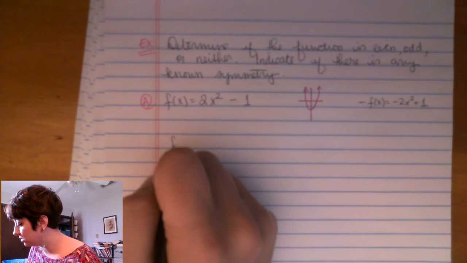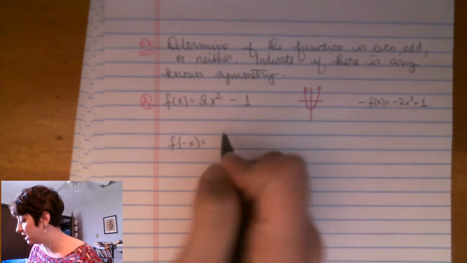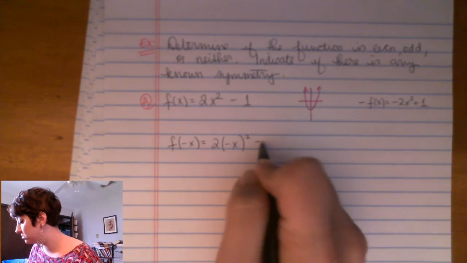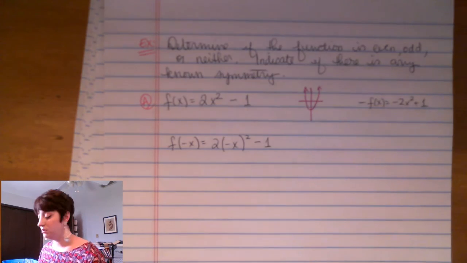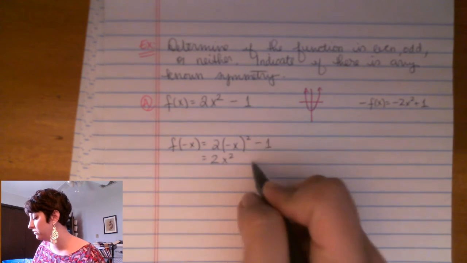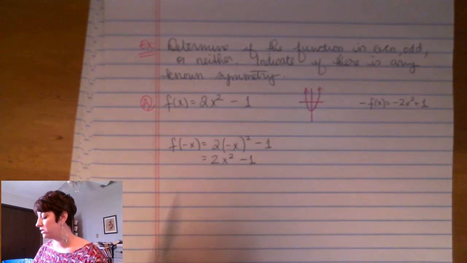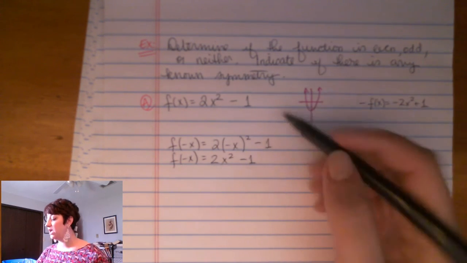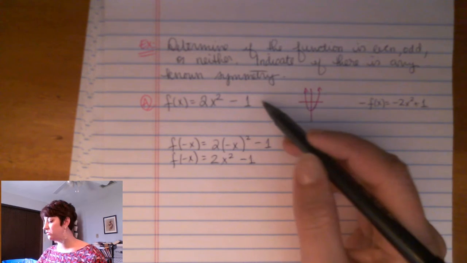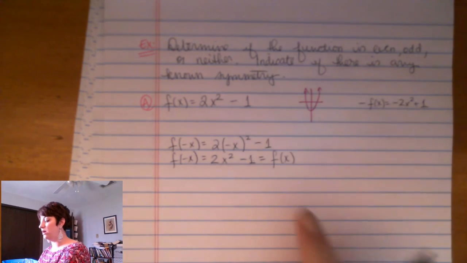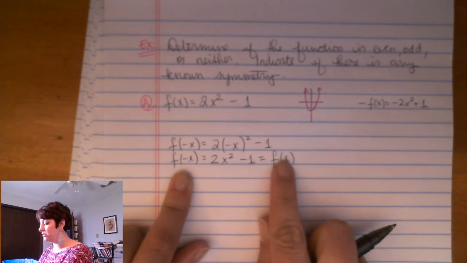All right, so my single test is plugging in a negative x. So I get this. But remember, if you square something, it's positive. So I get this expression, that f of negative x is 2x squared minus 1. But that's what I started with. So that equals f. So I plugged in a negative. I came out with the same thing.